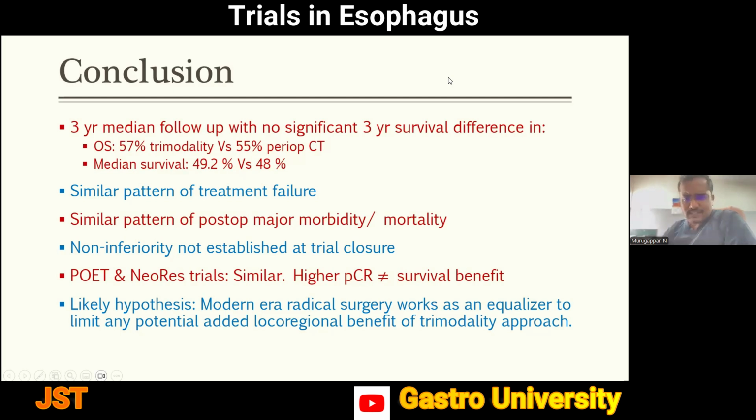The other things which were slightly unclear with this trial is, as I've already mentioned, there were more pathological complete responses and more R0 resections. Despite that, there was no survival benefit in these patients with radiotherapy. Another point would be, once someone adds radiotherapy, one expects a better local response. And once a systemic therapy like chemotherapy is given, people will expect a better systemic response.